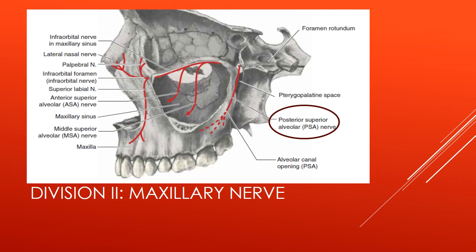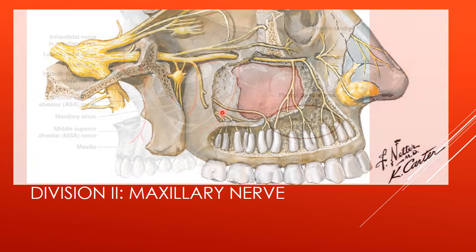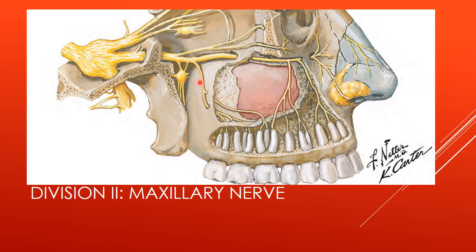Just before the maxillary nerve enters the infraorbital fissure and canal, on the floor of the orbit, it gives off its second branch, the posterior superior alveolar nerve or PSAN. This branch enters the alveolar canals on the infratemporal portion of the maxilla.